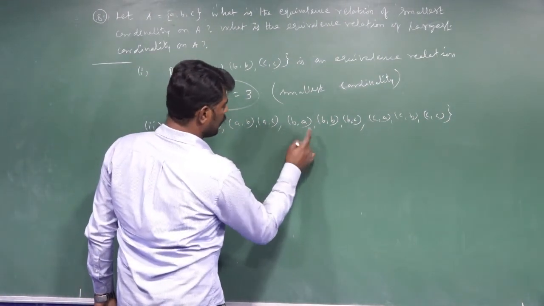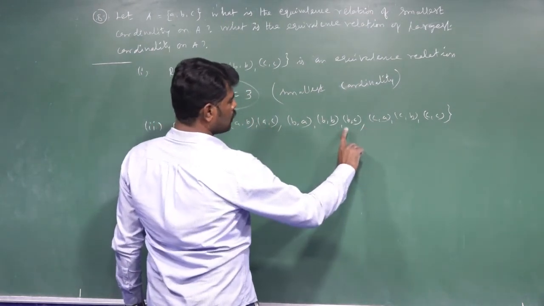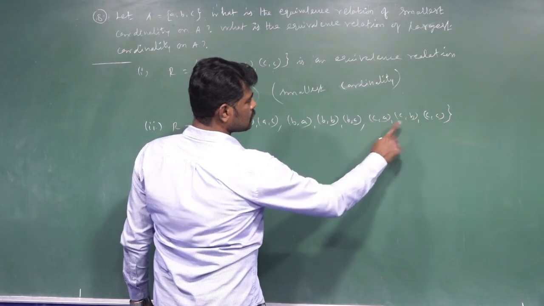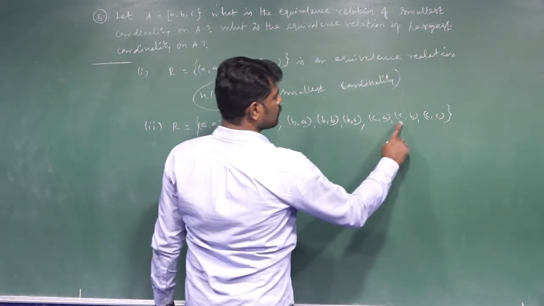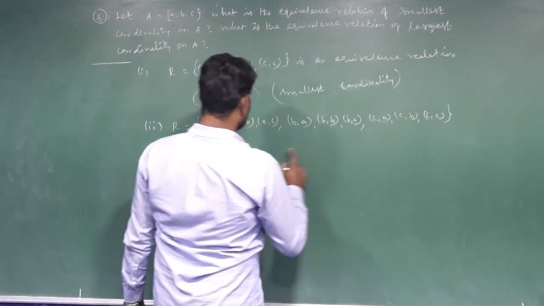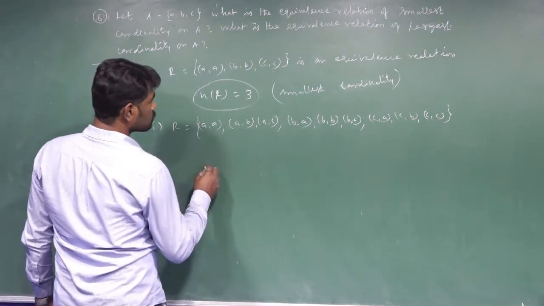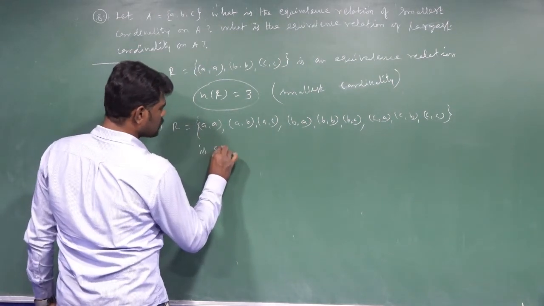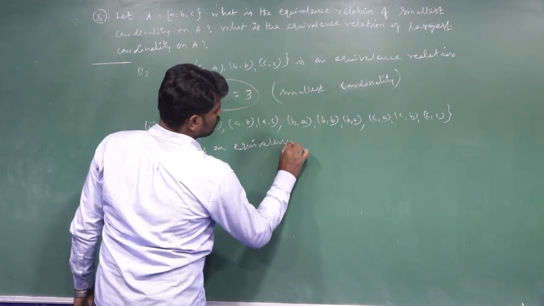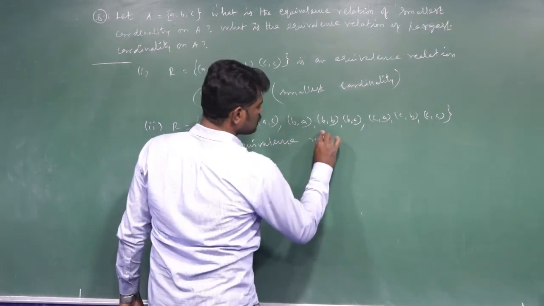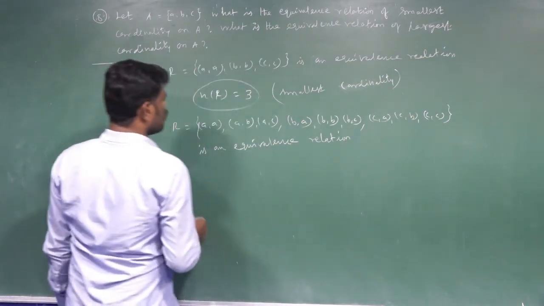AB, BA, AC, CA. Then BC, CB, BA, AB, CA, AC, all are here. So it is an equivalence relation.